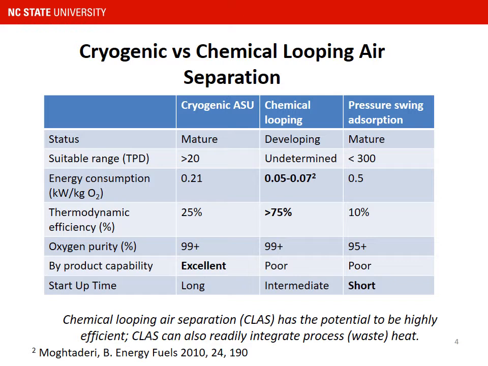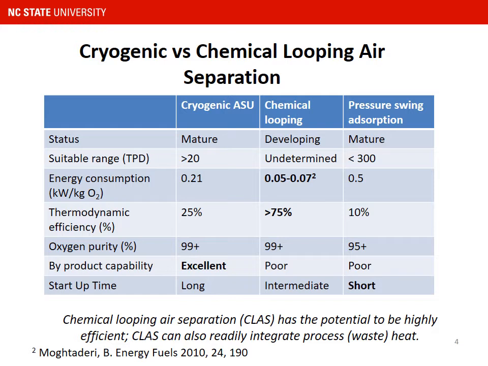So it's highly desirable to explore other methods to produce oxygen in an energy efficient way. One potential method is chemical looping ion separation. The advantage of chemical looping ion separation is that the energy consumption is just a third of the cryogenic method. So its thermodynamic efficiency can approach up to 75%.